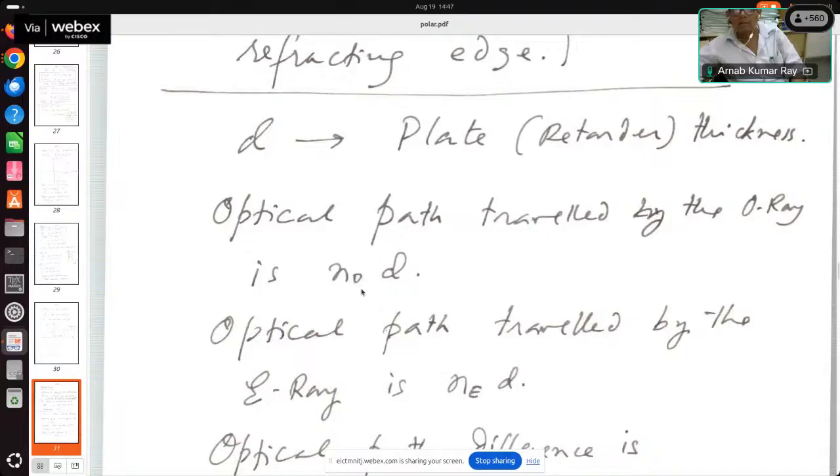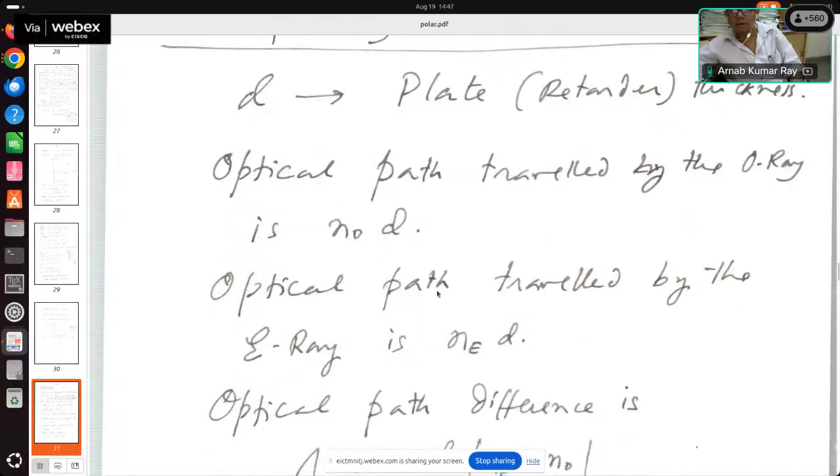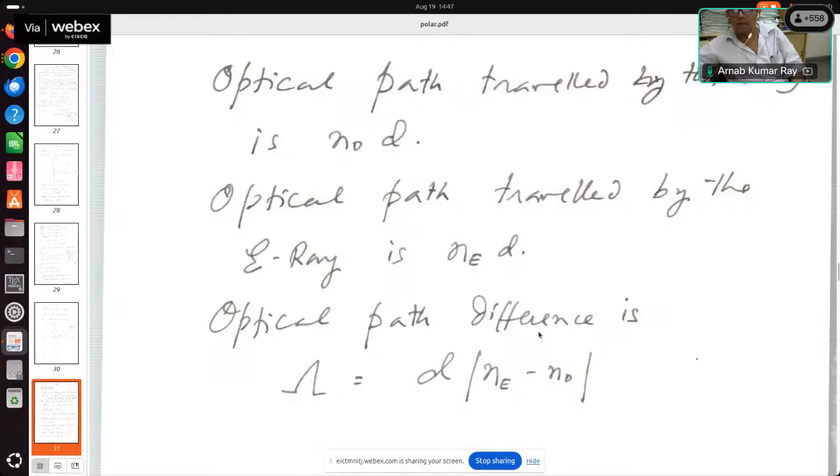So O rays correspond to the refractive index N_o. So the optical path traveled by O rays is N_o times d, and the optical path traveled by E rays is N_e times d, right? And both rays have traveled the same geometrical path of d, but they have traveled different optical paths, differing by |N_e minus N_o| times d.